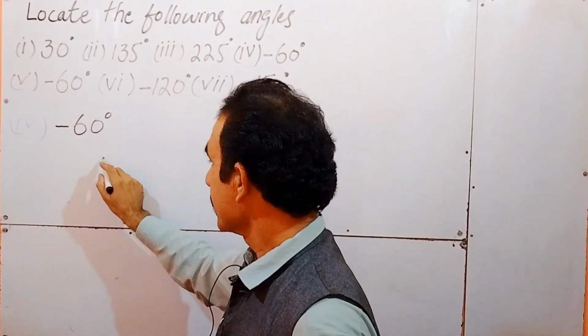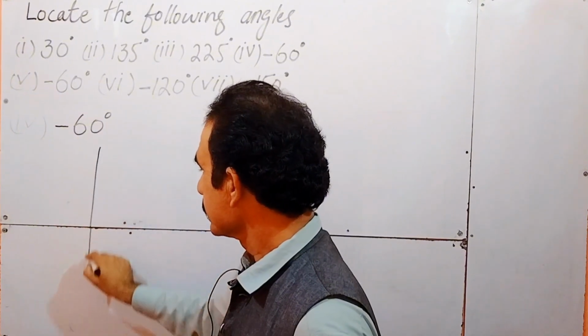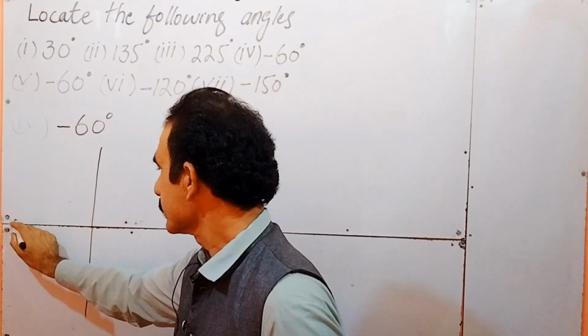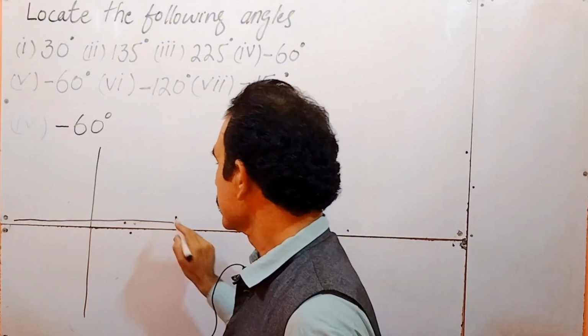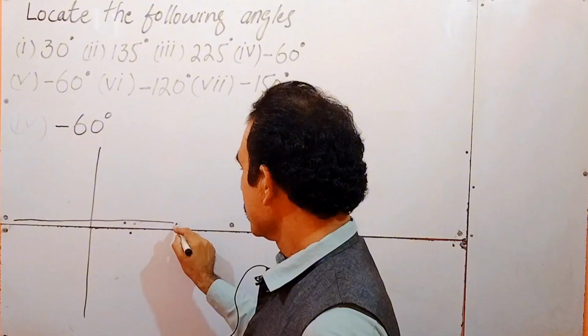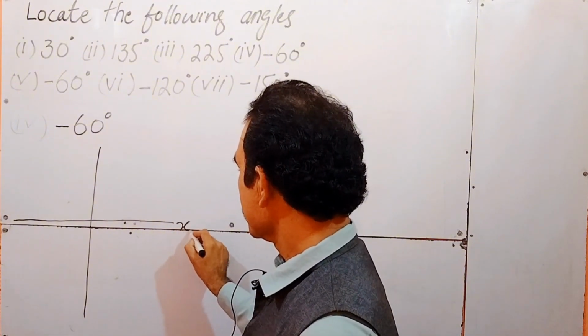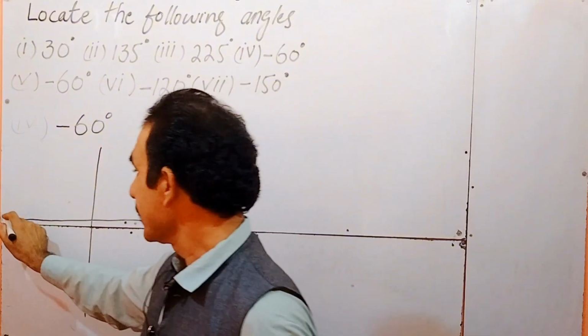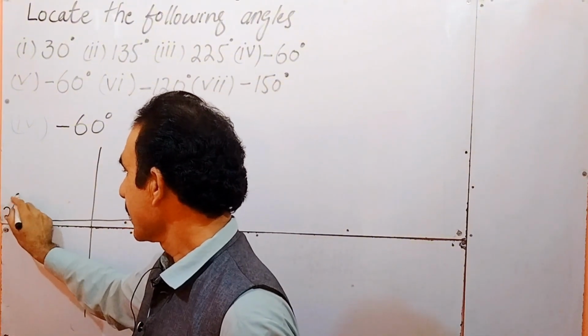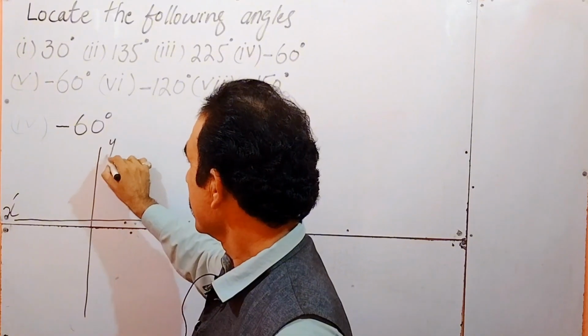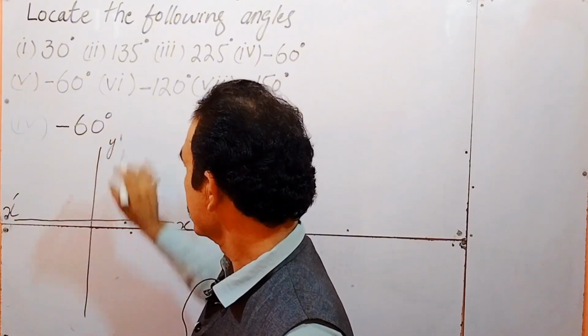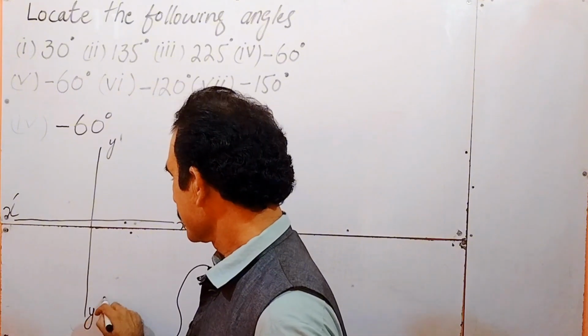We draw here axis. That is positive and that is negative x, positive y, negative.